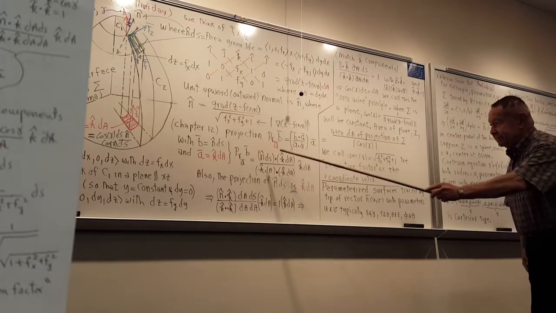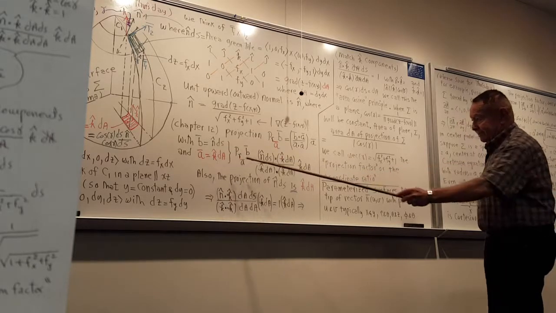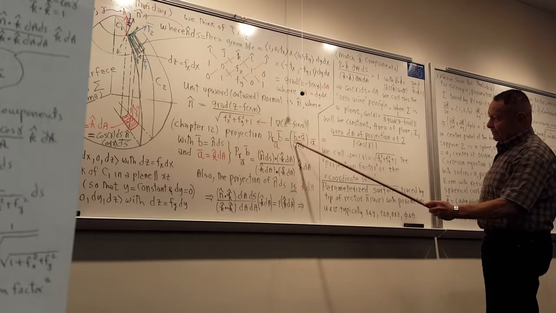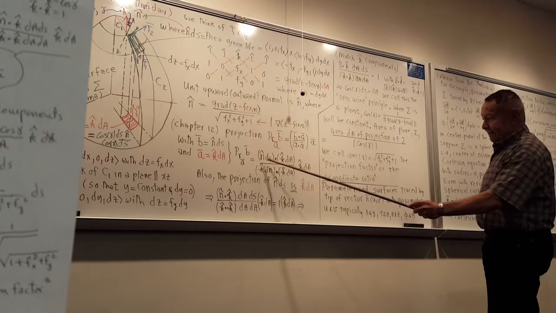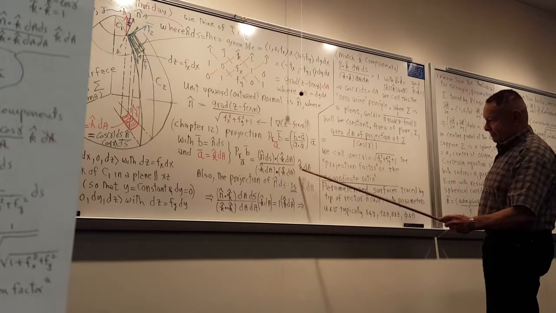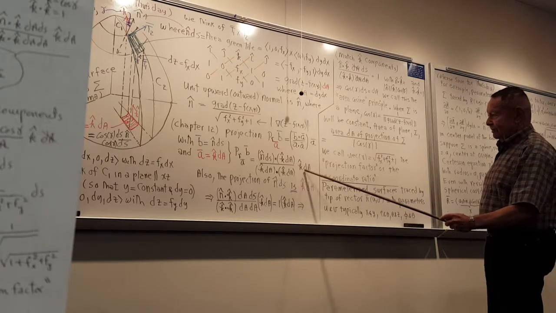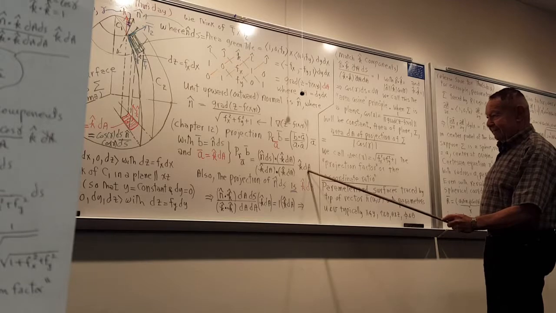And so having identified A and B in this way, I'm just following this formula. And so you see my quotient of dot products, and what I'm projecting onto is this vector A.